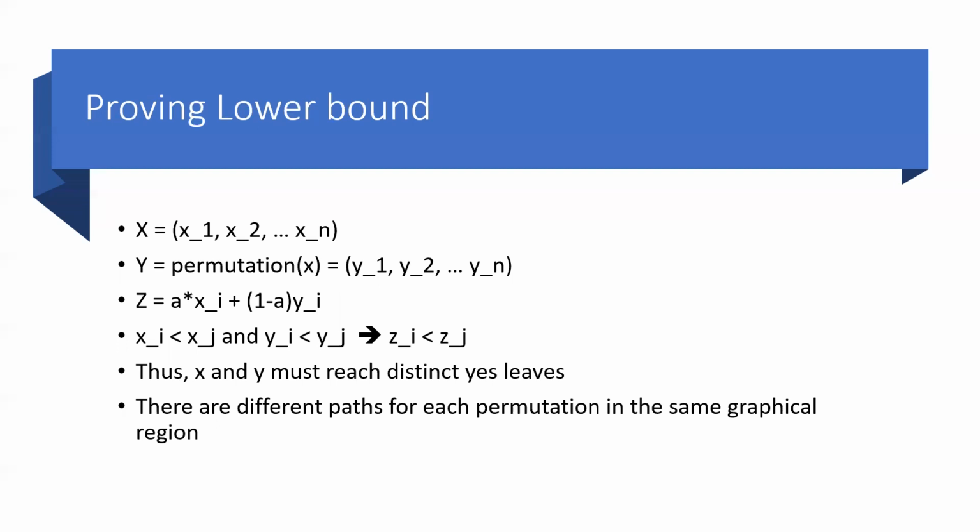It has to be a different permutation than what x already is, and we can make that y1, y2, y3 until yn. Then we can make an equation called z that looks similar to a times x plus b times y, which is a linear line.